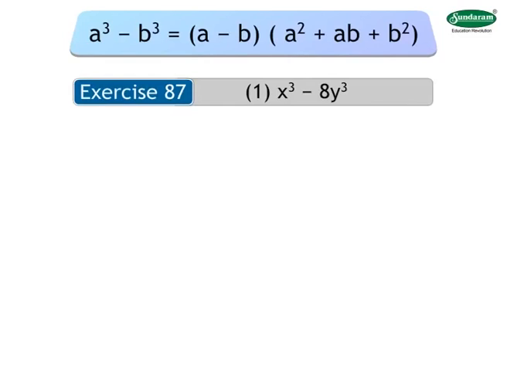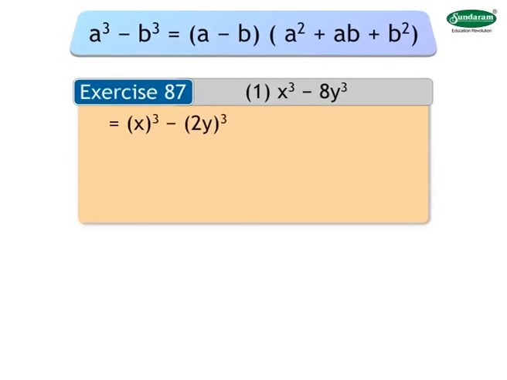First, let us take the cube root of x cube and 8y cube. We get x cube minus 2y the whole cube. Now we will take a is equal to x and b is equal to 2y.